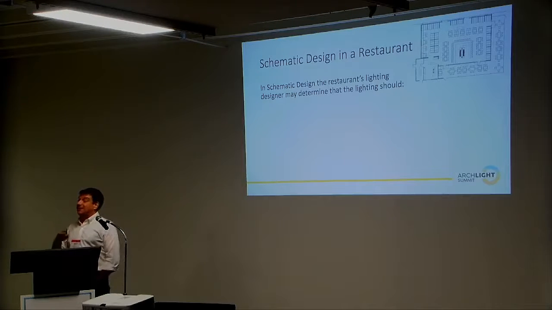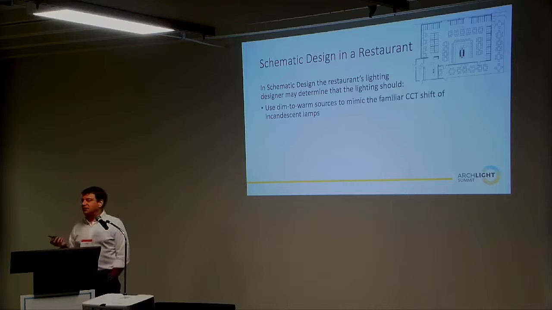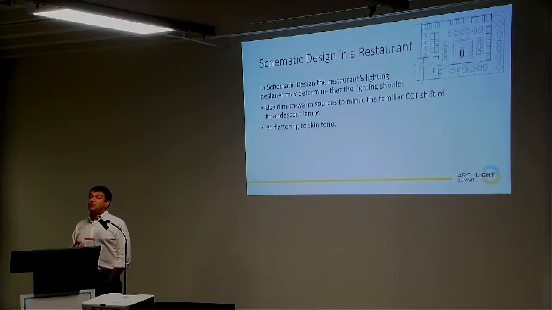So for instance, in a restaurant, we might talk to the owner, think about the project, talk to the architect, and we might conclude a few things. First of all, in this restaurant, we're going to use some sort of dim to warm technology. Great. In this restaurant, prices are high, it's in a fancy part of town, everybody is beautiful and everybody should look beautiful.